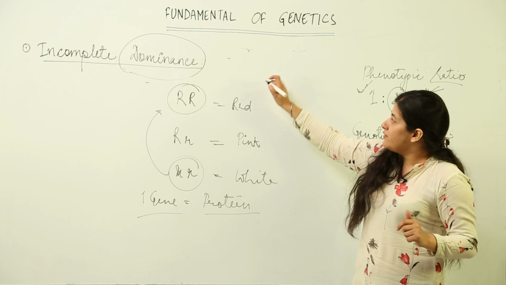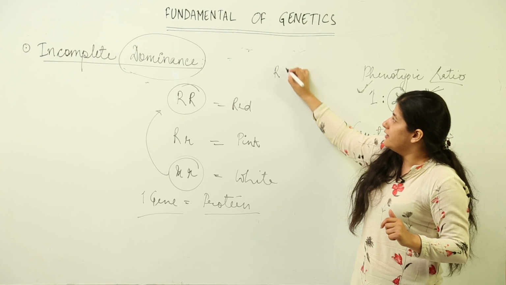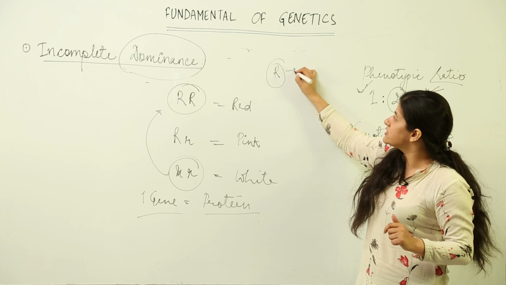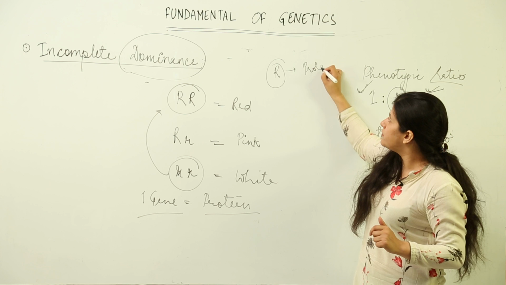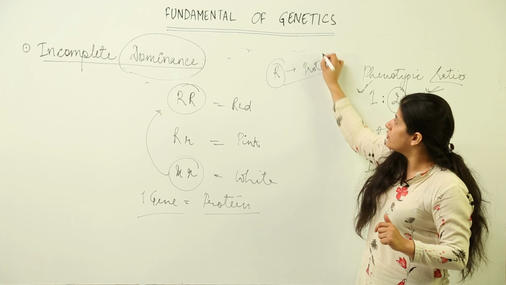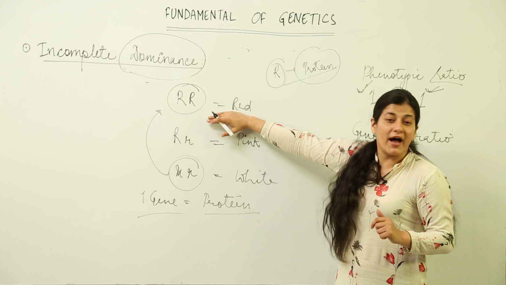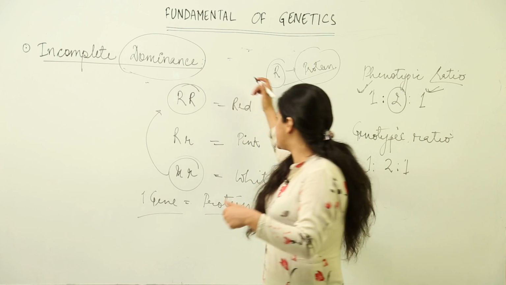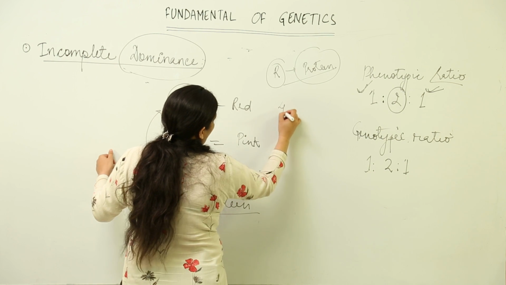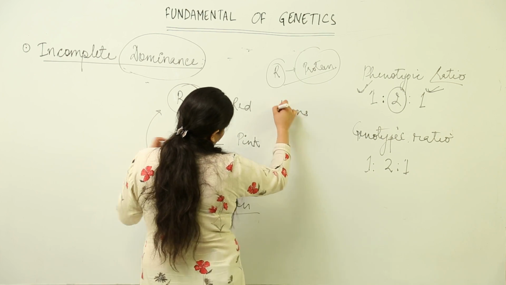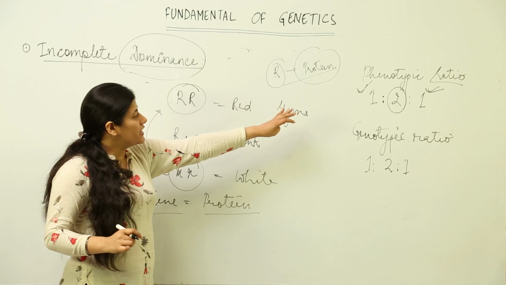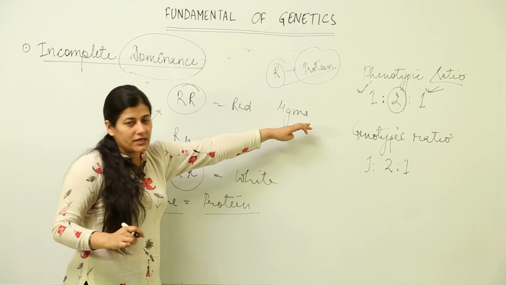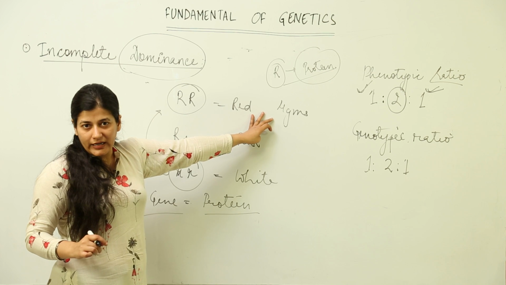Now, when we have this allele, it produces a specific protein. Supposedly, the amount of protein required for expression of red is 4 grams. Until and unless it is 4 grams, it cannot produce red coloration.